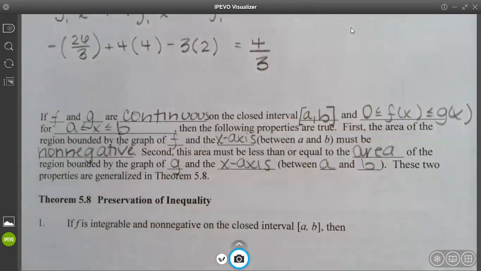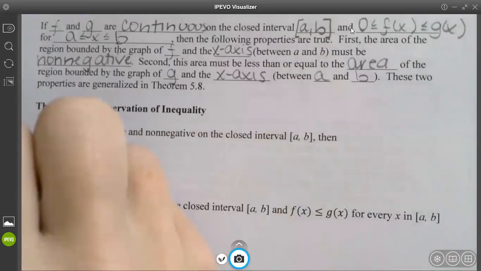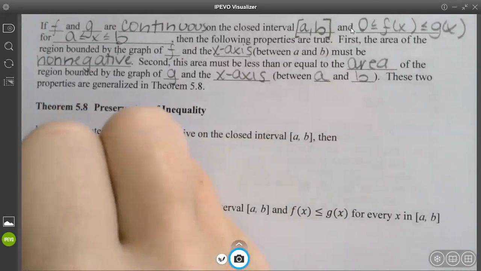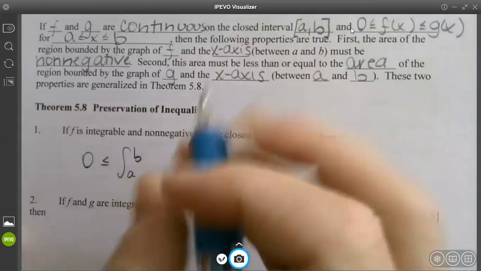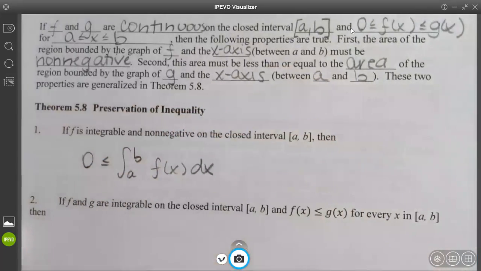These two properties are generalized in theorem 5.8. So if f is integrable and non-negative on the closed interval a to b, then 0 is less than or equal to the integration from a to b of f of x dx.